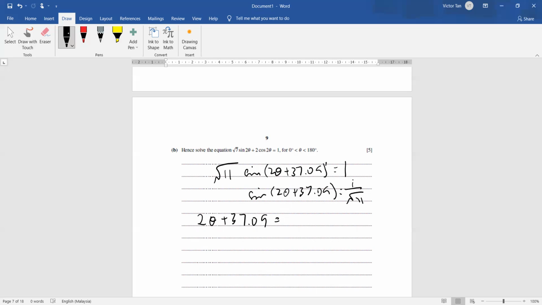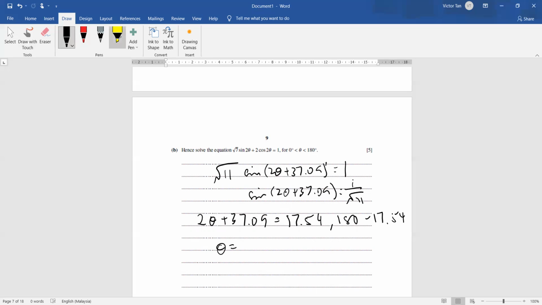Shift sine inverse of 1 over root 11. So this is 17.54. 180 minus 17.54. Solving, you will get, okay, there's something interesting here.